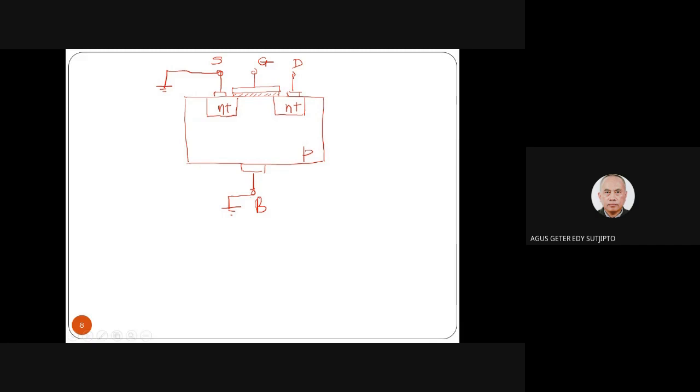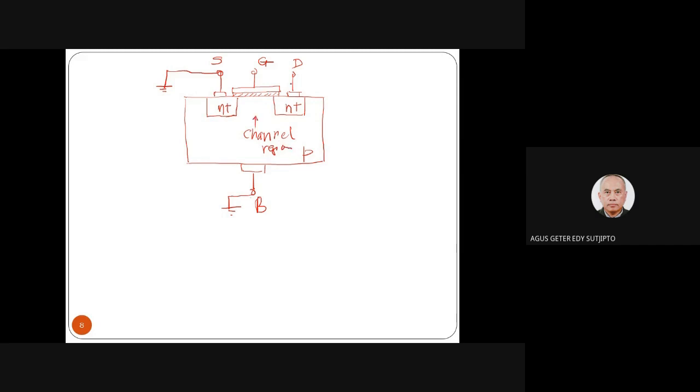So we have discussed how the channel region in the middle here, this is a channel region.